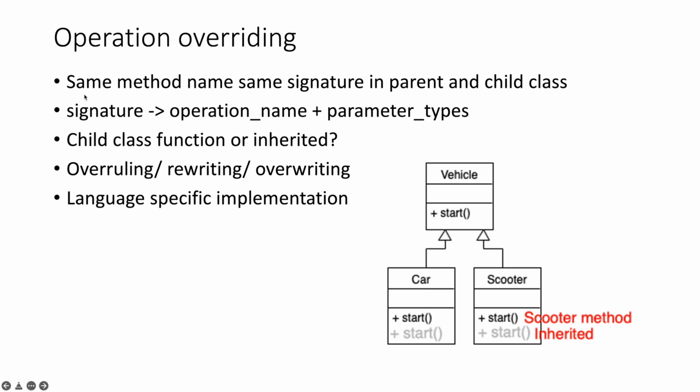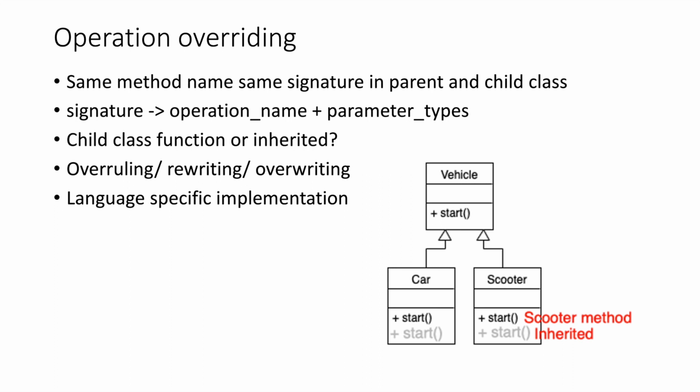Now let us find out what exactly operation overriding means. Operation overriding means same method name and same signature in parent and child class; these are the three parts. Same method name was common with method or operation overloading as well. Same signature differs from method overloading, because in method overloading or operation overloading the signature was not the same.